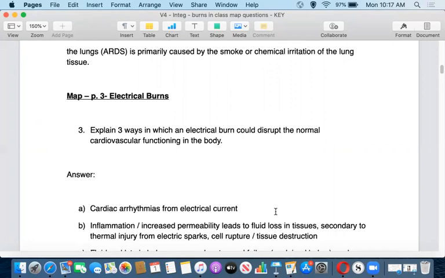And as you know, inflammation leads to vessel permeability and fluid loss into tissues, edema, and a lower circulating volume. So cardiovascularly speaking, of course, the cardiovascular system includes the blood vessels of the body. And so now if we have decreased blood pressure, then that's a cardiovascular disruption.